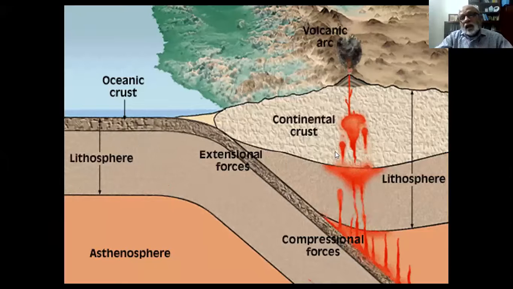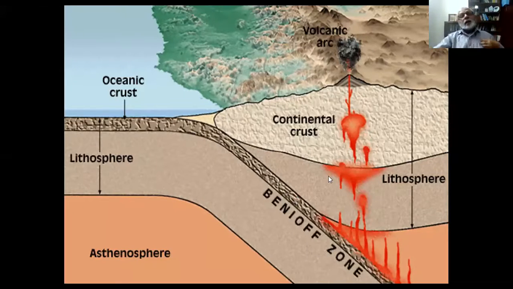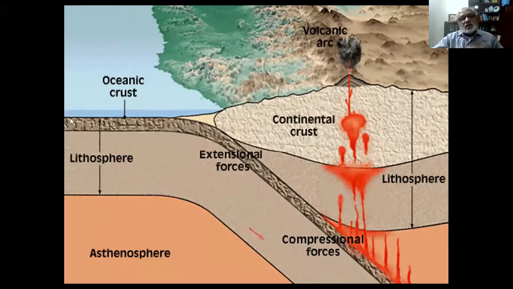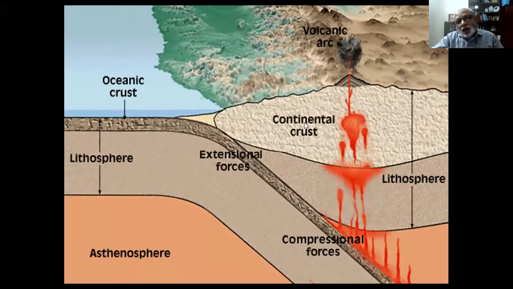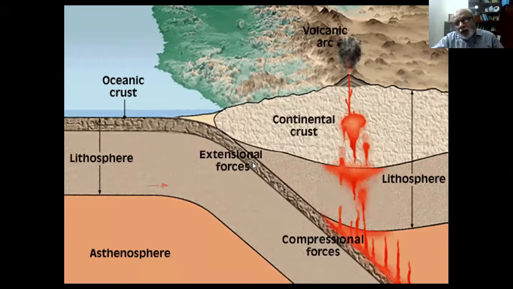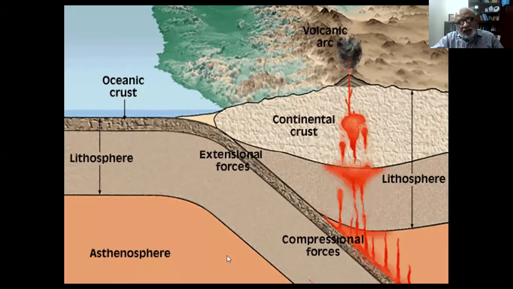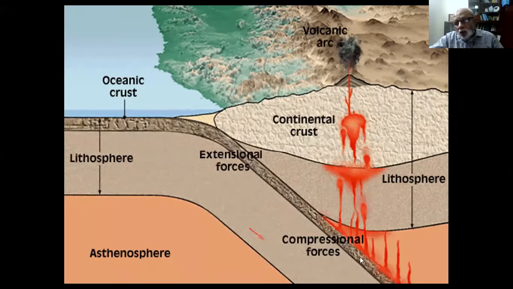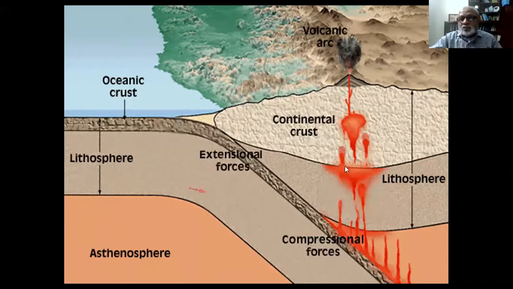This is the process which naturally occurs: when the plate collides, it goes beneath the continent, and as it goes down to the mantle or deeper zone, it melts and produces molten material.